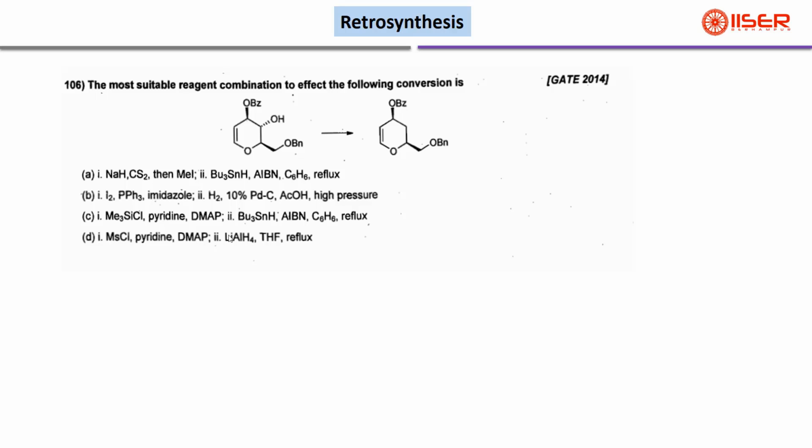What is the most suitable combination of reagent to get this conversion? So what is the change? Just see, there is an OH group, but the OH group is not there anymore.